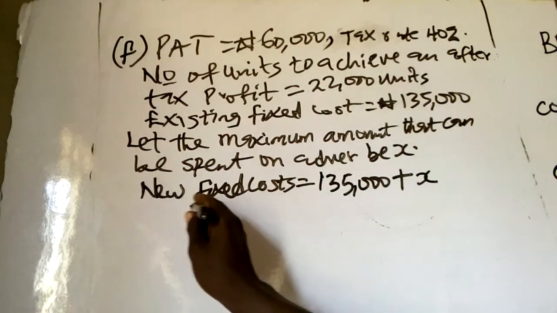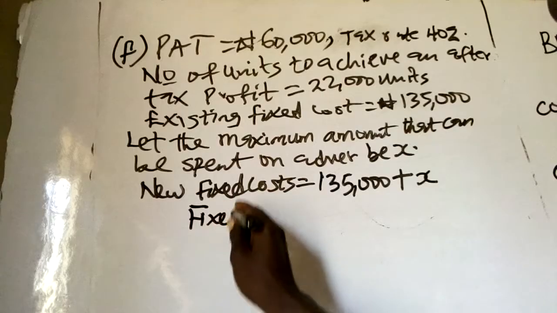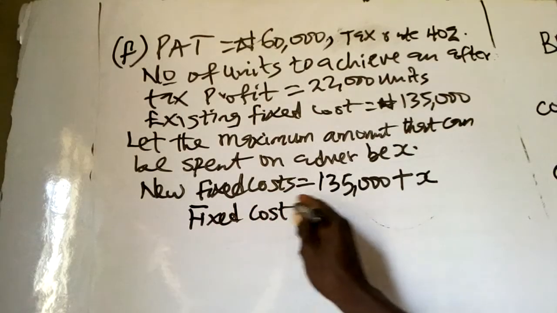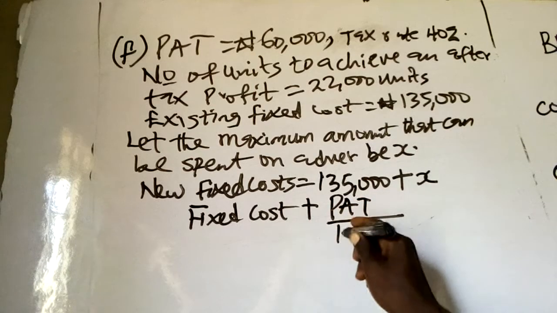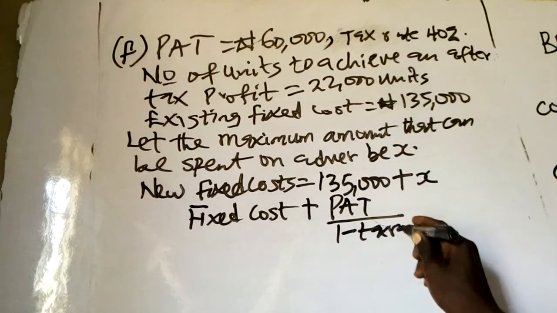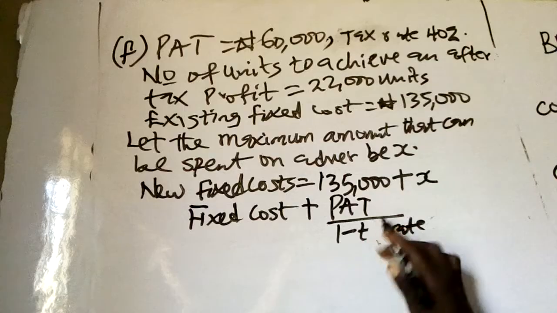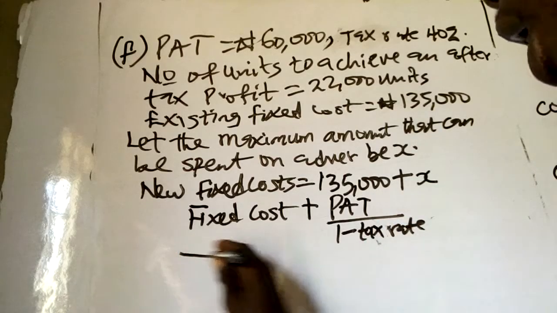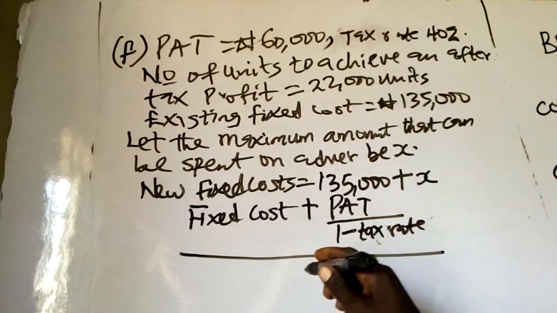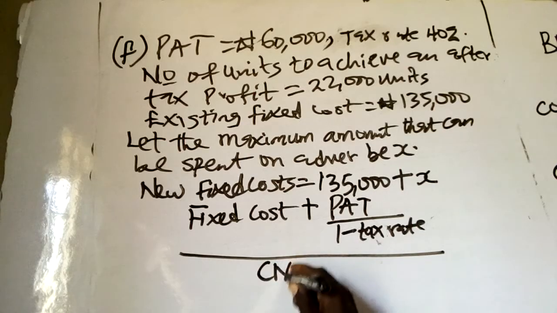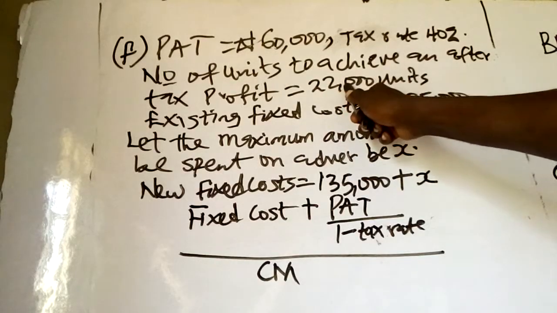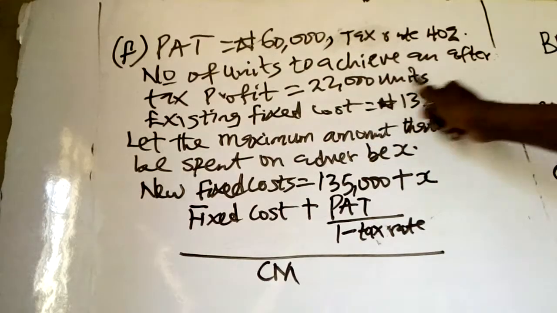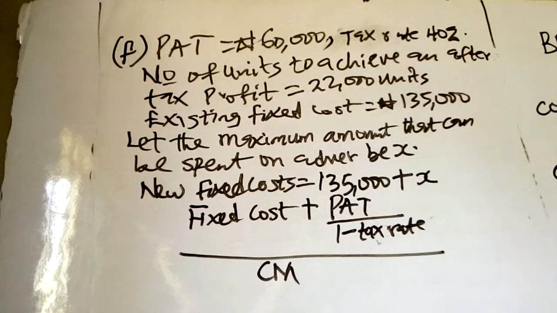The formula is fixed cost plus profit after tax over 1 minus tax rate, all over CM. Why use CM and not CMR? Because this is in units, not value.